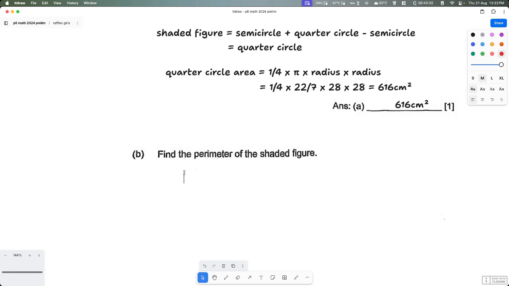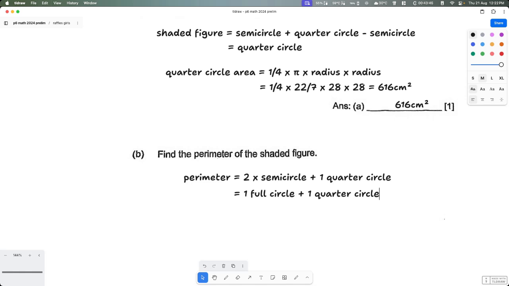So perimeter is equal to 2 times semicircle plus 1 quarter circle, which is also equal to two semicircles, just one full circle, plus 1 quarter circle. All right, so now with that, we can just do this.